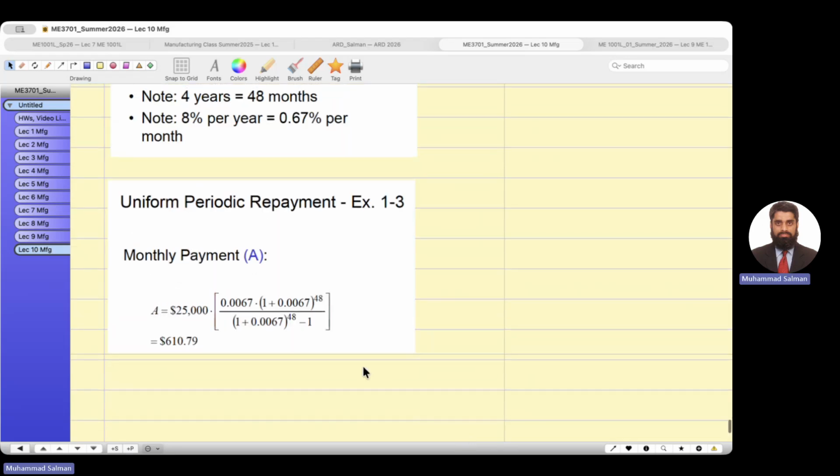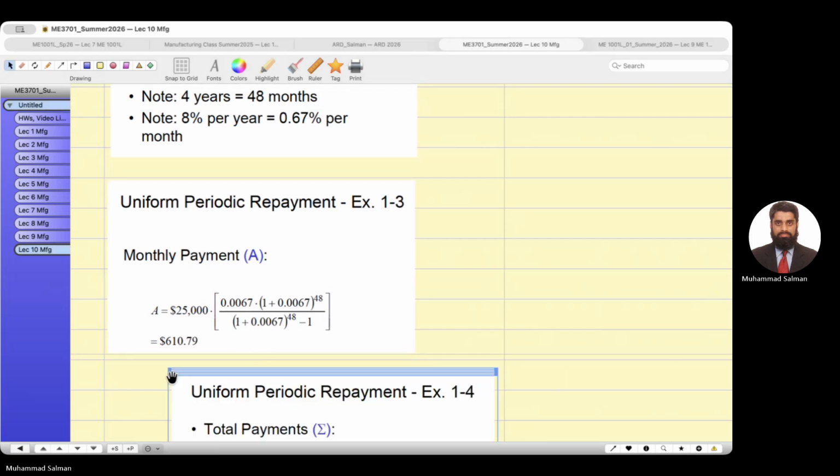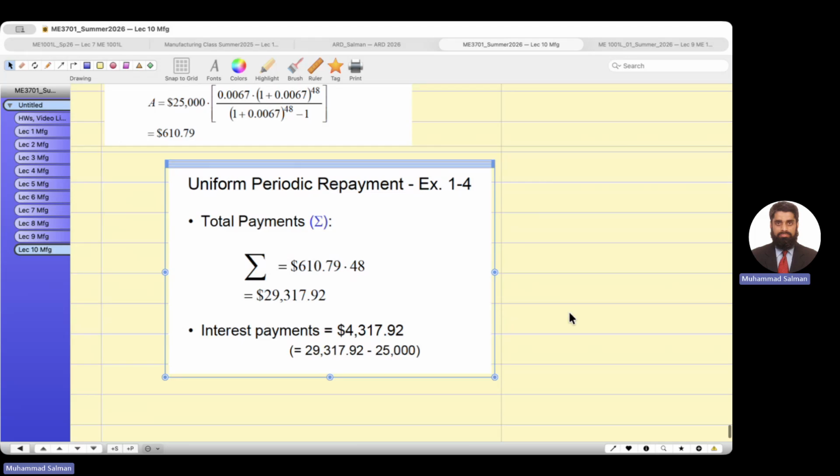You see, if we are using monthly payment, then we have to accordingly change n from years to months, and i from per annum to per month. So the total periodic payments for 4 years would be this much. Interest payments is $4,317.